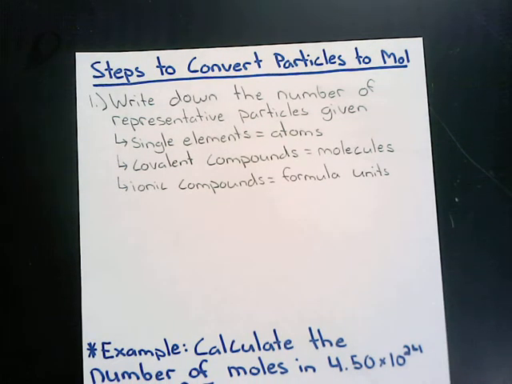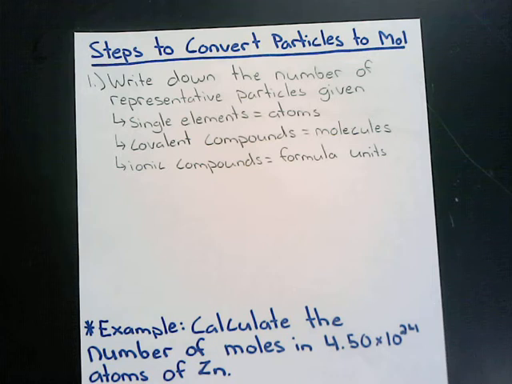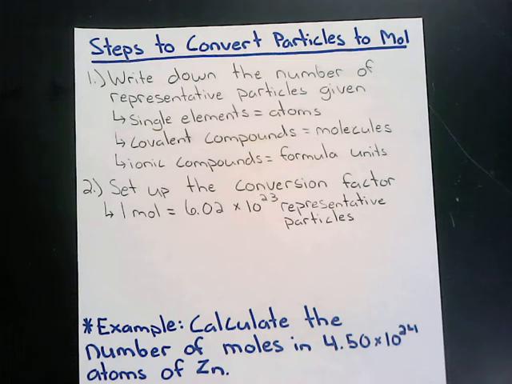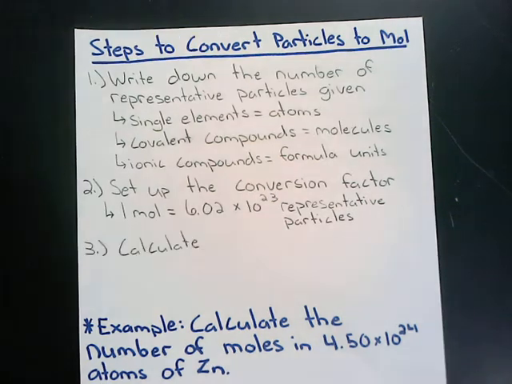The second step is to set up the conversion factor. And remember, 1 mole is equal to 6.02 times 10 to the 23rd representative particles. Once you have set up that conversion factor, you simply just calculate. And then you need to put the correct unit, which in this case will be moles of the substance.